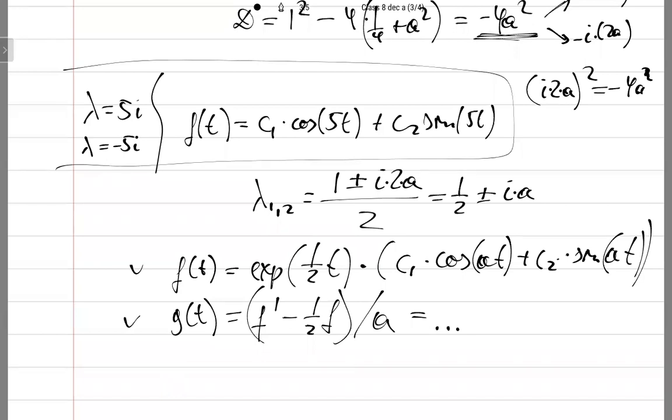Yes, because xt is given by ft times cosine of wt. So the task in point A is to find the missing pieces of the answer, so ft and jt.